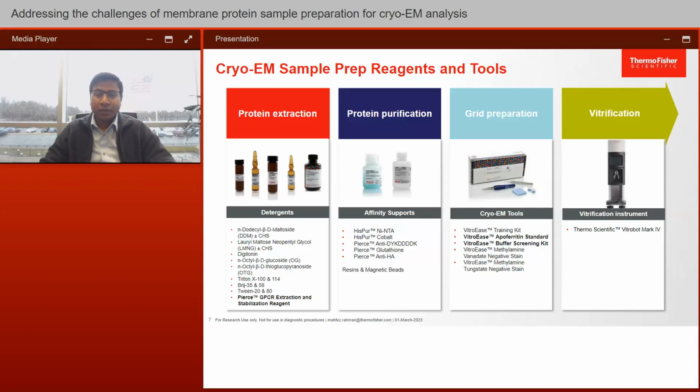In my later talk, I will discuss a buffer screening kit for sample optimization during vitrification. We also offer negative staining solutions. For vitrification, Thermo Scientific offers the Vitrobot Mark IV.